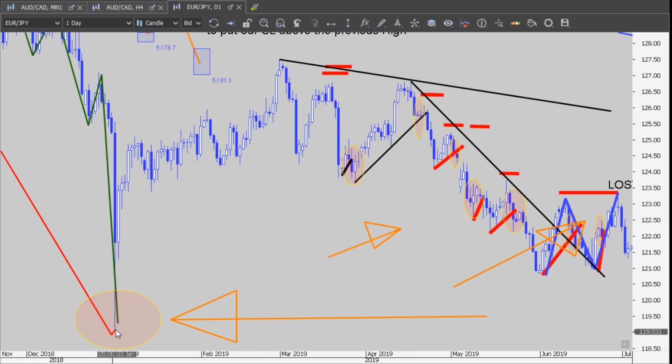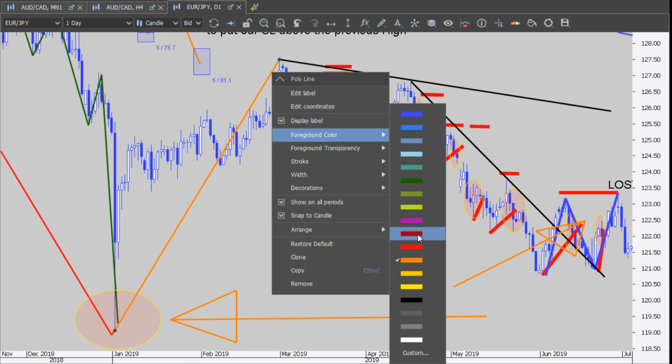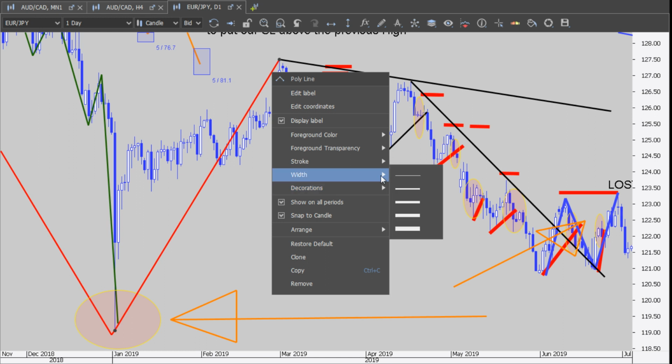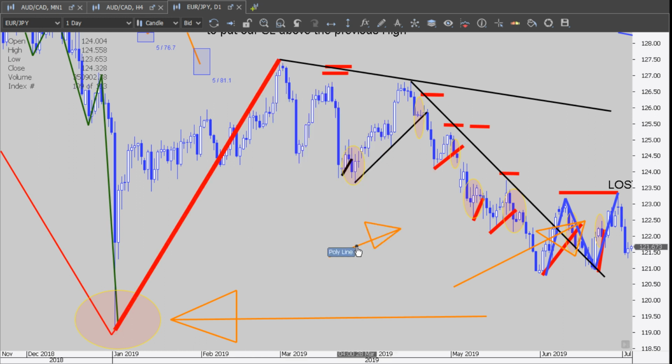If this is the extension and this was the retracement in here, the question is, I lost, yes. I have an uptrend, yes. Short-term, yes. I have two lows and two highs where the second low and the second high are a higher high and a higher low. Yes, I have. But is the extension over?